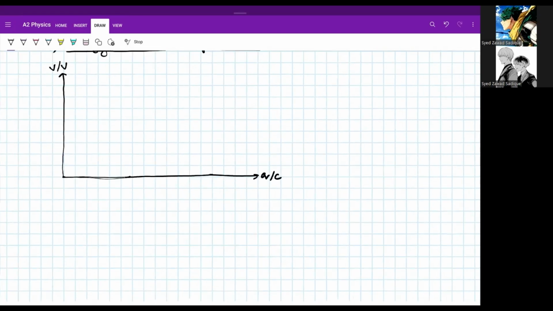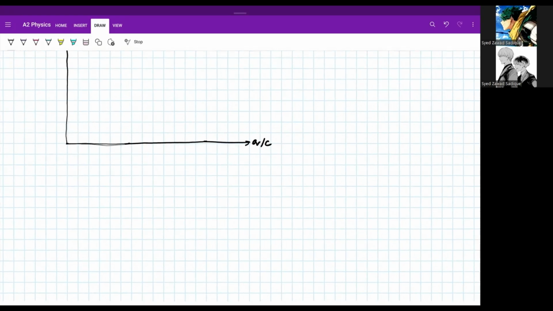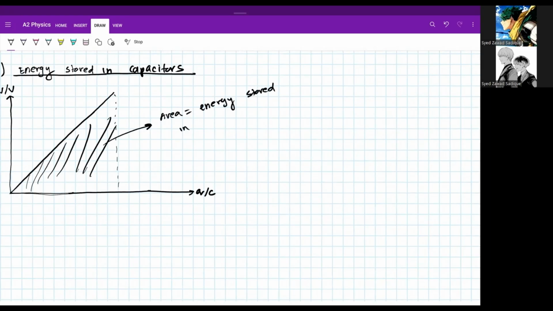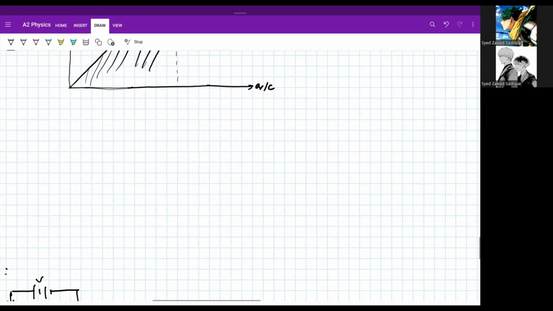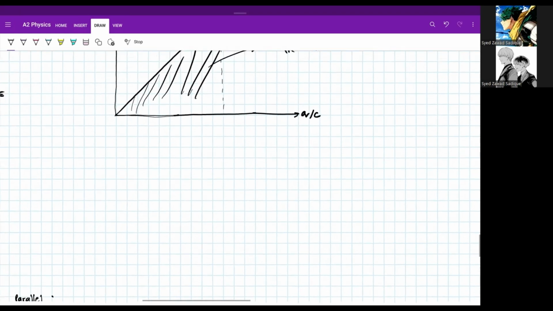Now, we know voltage against charge is proportional, so the graph is going to be a straight line. The area under the graph is equal to the energy stored in the capacitor. However, you're not always going to be given the graph, you'll just be given values.